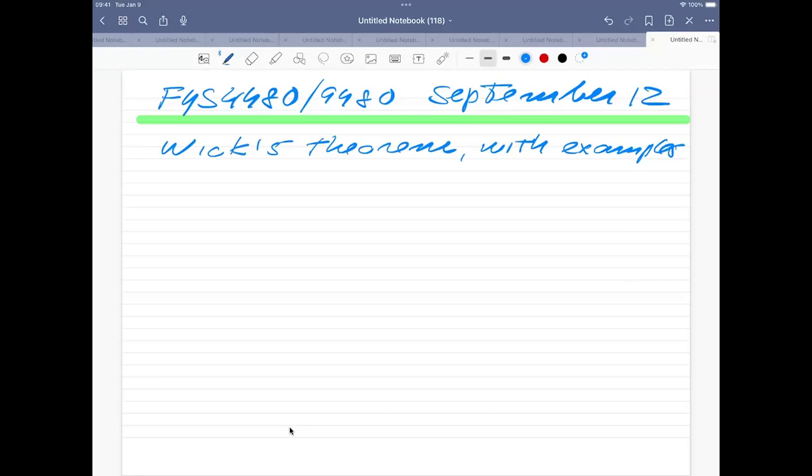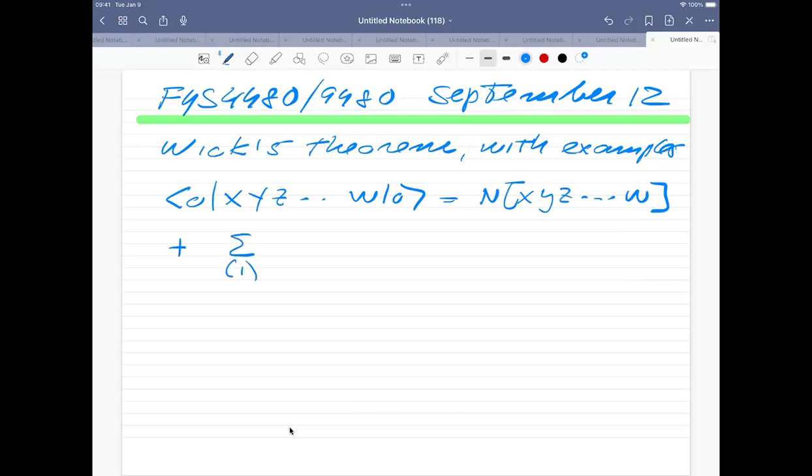Wick's theorem, just to remind you, says that the expectation value of a string of operators is given by the normal-ordered product of this string of operators plus the sum over all possible contractions of pairs of operators, just one pair, and this is normal ordered. We indicate that operation of only one set of operators, which is now contracted.